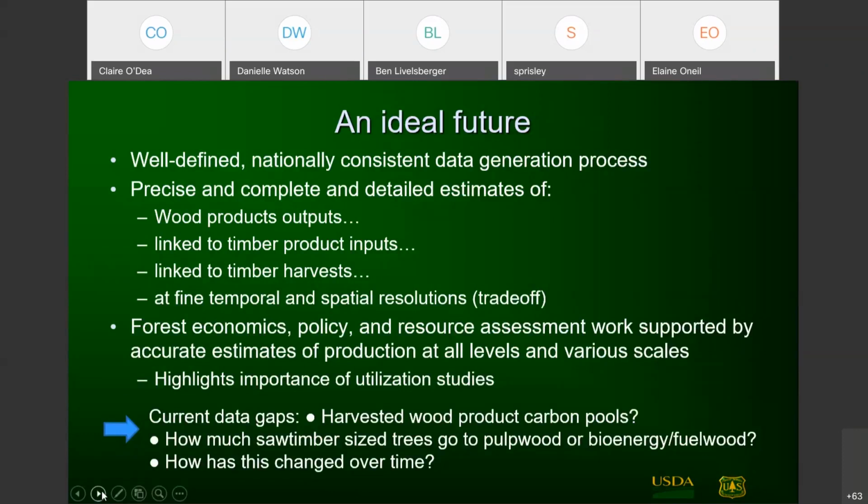The TPO information is critical to our work, and we support future enhancements and improvements in these areas. Getting into the weeds for just a second, our work would also benefit from more information about harvested wood product carbon pools, as well as an improved understanding of the quantity of saw timber-sized trees going to pulpwood or bioenergy and fuel wood, and how this has changed over time.